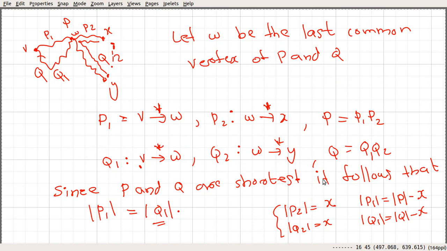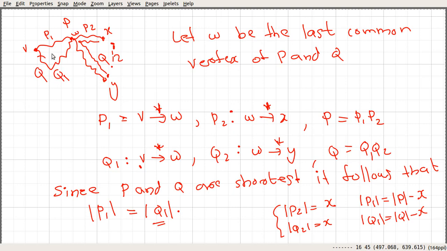since p and q are shortest, it follows that the length of p1 must be equal to the length of q1. If that is not the case, then for example, assume that the length of p1 is less than the length of q1. In that case, we can go from v to y in a shorter path than this path q.